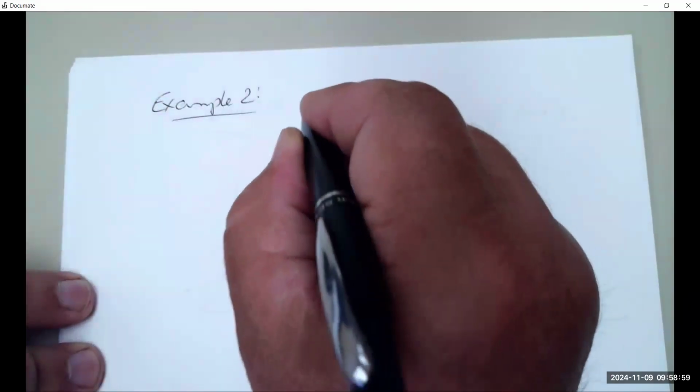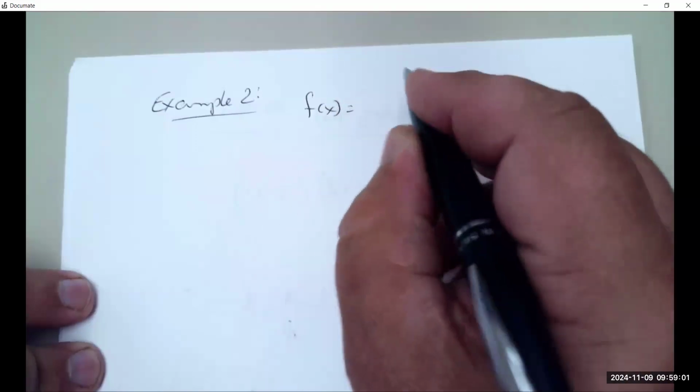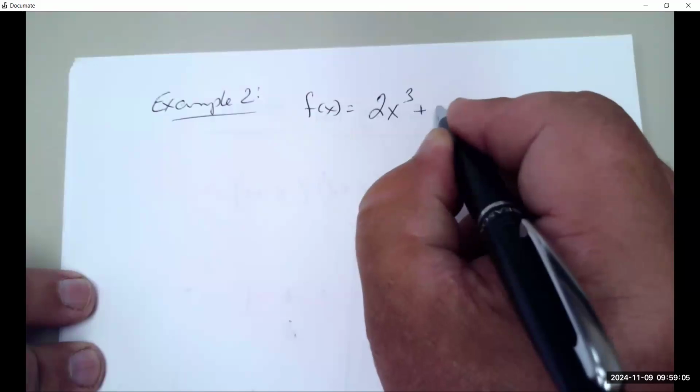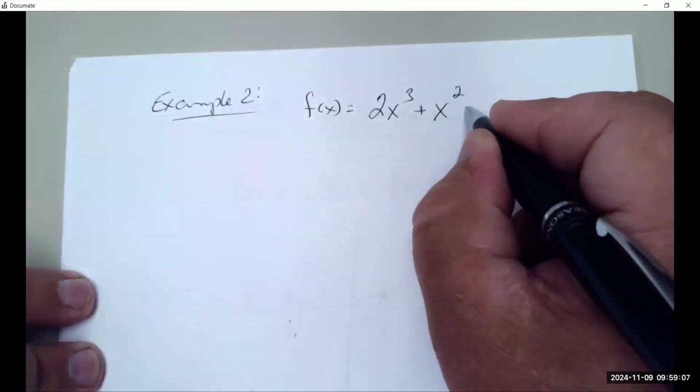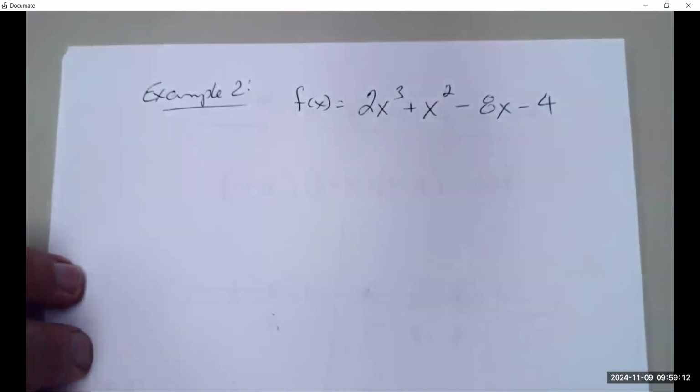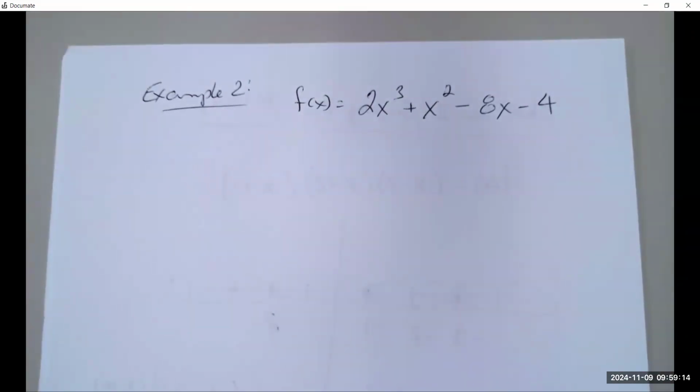Look at another example, a little bigger one. Two x cubed plus x squared minus 8x minus 4. Graph the polynomial.